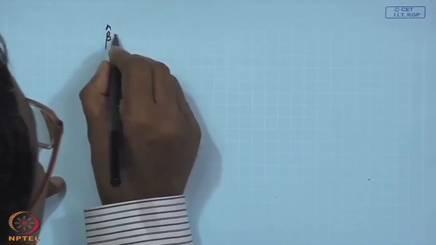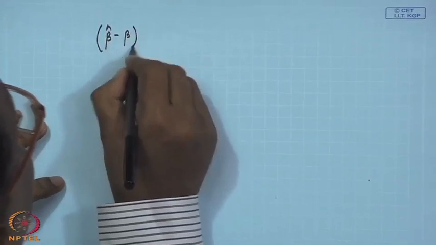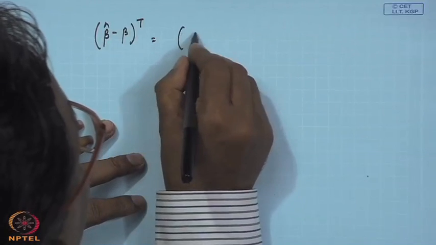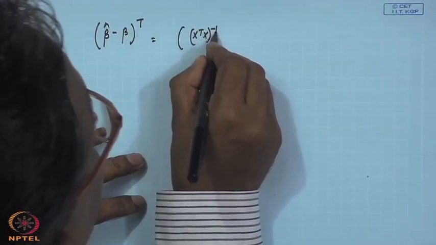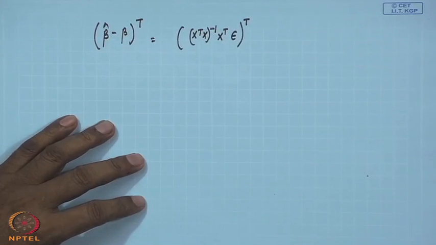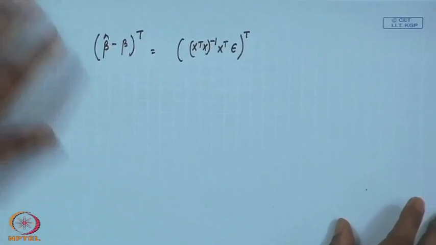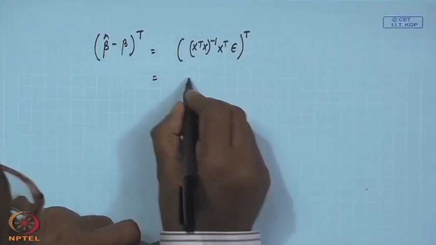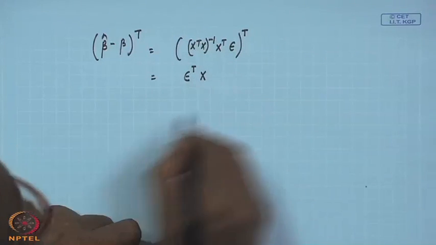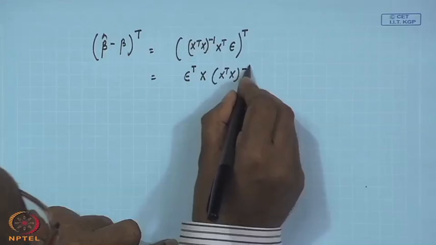Then our covariance, what will be the second one? Beta cap minus beta transpose. So, this one you can write X transpose X inverse X transpose epsilon transpose. So, it will reverse way: epsilon transpose, then X, then X transpose X inverse, that remains the same because of the symmetric matrix.